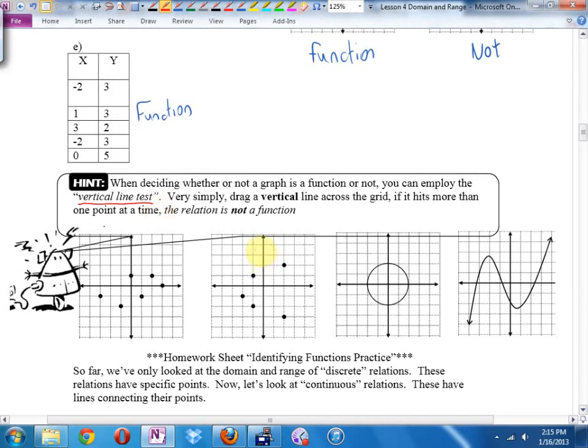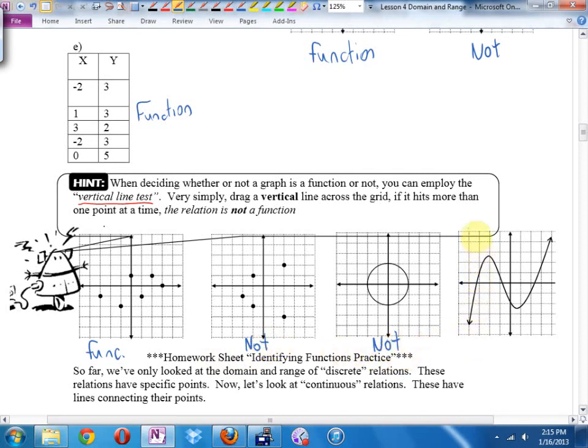Ashley, right here and right there fail the vertical line test. Not a function. What about here? Oh, if I draw a vertical line right there, is it touching the graph in more than one location at the same time? Okay, so right now we have function, not.